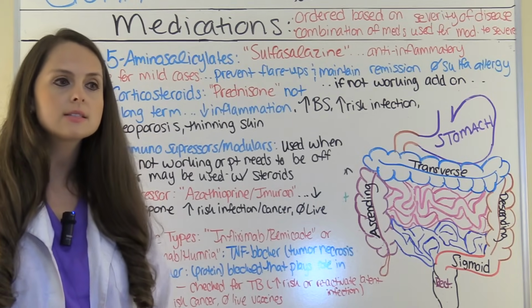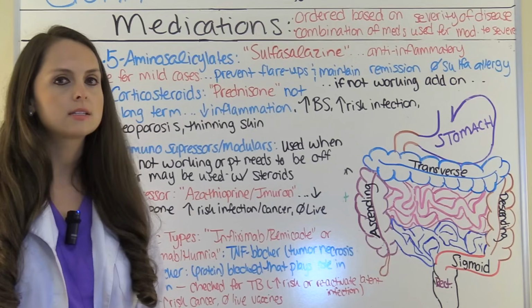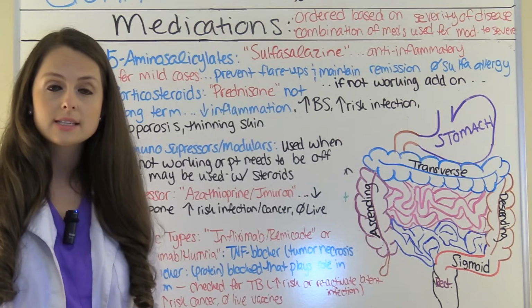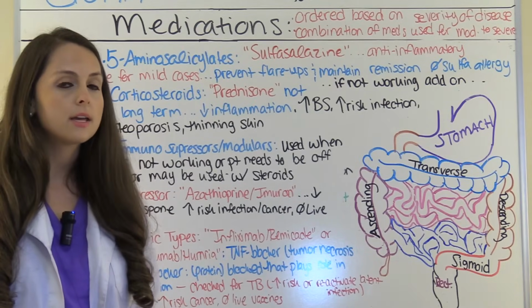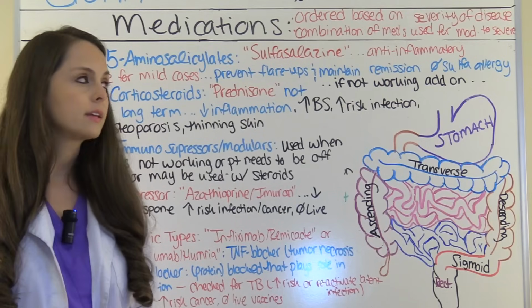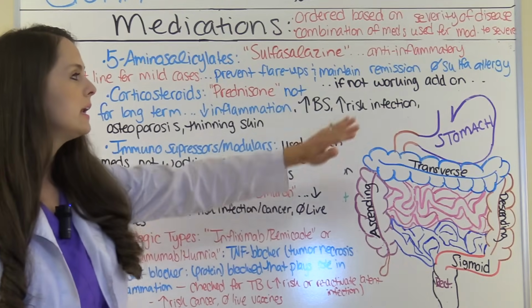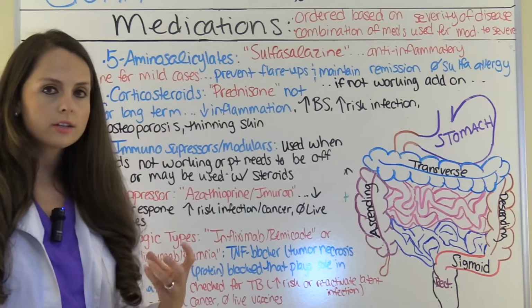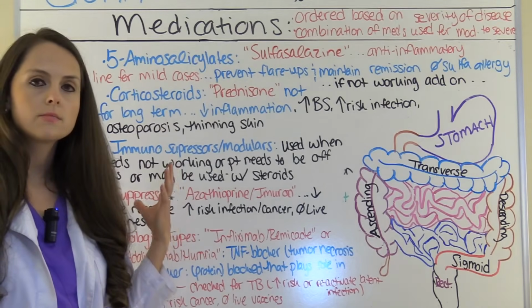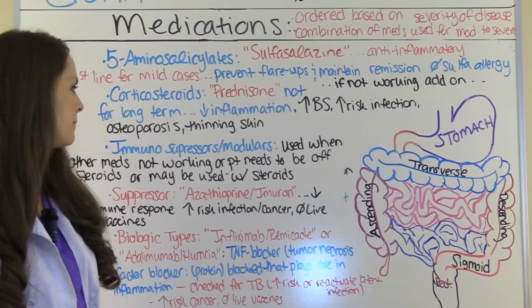So we have to start giving them insulin, helping get it down. So this is common. If you have a patient on corticosteroids, make sure you're watching for those classic signs and symptoms of hyperglycemia, like the blurred vision, excessive thirst, the polyuria, things like that. And it increases their risk of getting infection, osteoporosis, wearing those bones thin, and thinning of the skin.